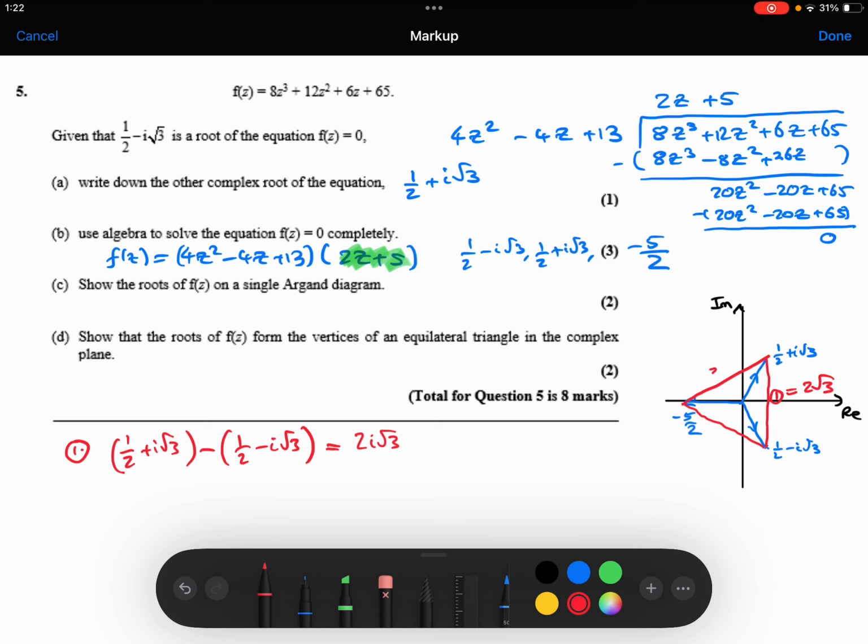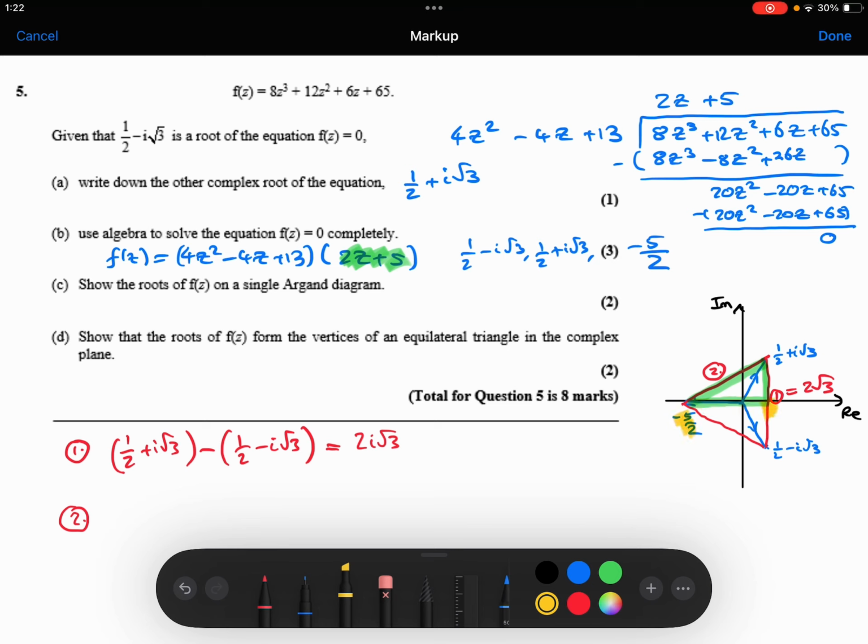Side length 2, the length here, well, I can do that with a little bit of Pythagoras. So the bottom there, the length there, we can see that this is minus 5 over 2.